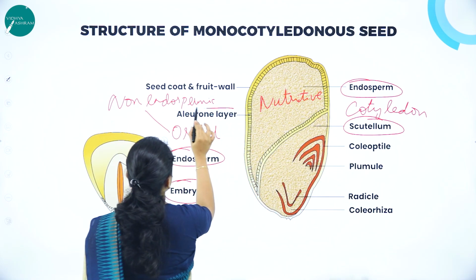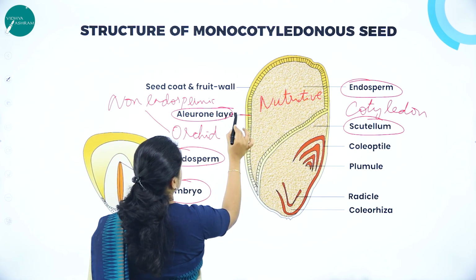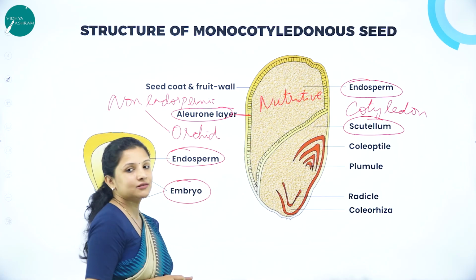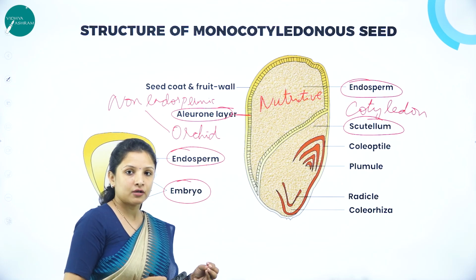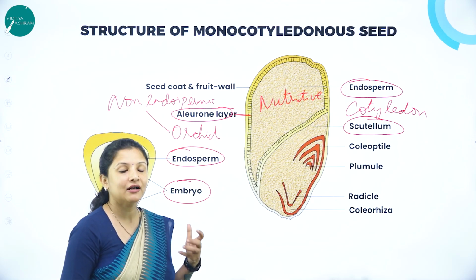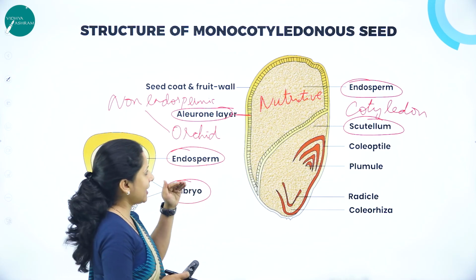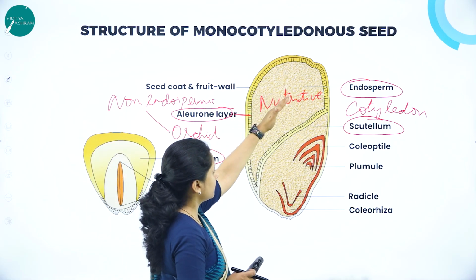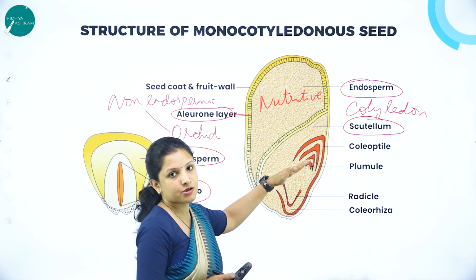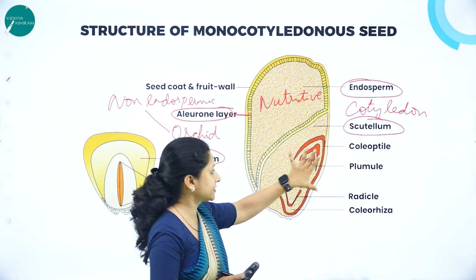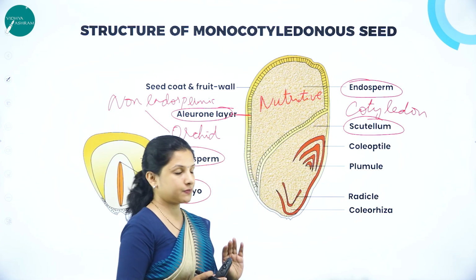So it's here, it's called the aleurone layer. Now what is this aleurone layer? The aleurone layer is proteinaceous. It contains a lot of protein and it also separates the endosperm from the cotyledon region or the embryo, because it is in this portion the embryo is present.